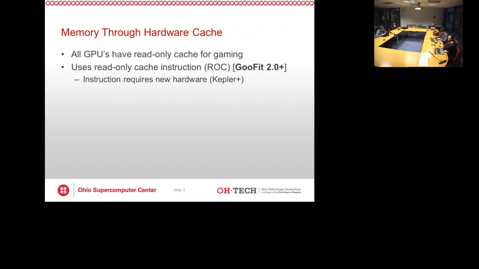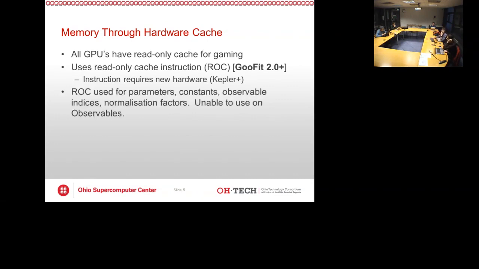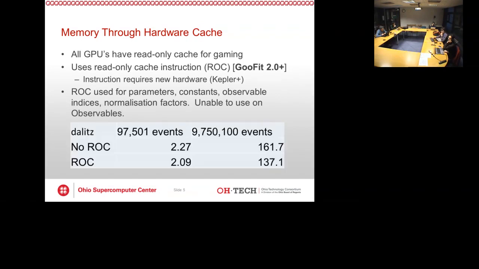In this read-only cache, we use it for a variety of different things, but we can't use it for observables. It only works on global values. Whenever you're fetching memory from global memory is when you can use this read-only cache. Adding this feature, I was able to get a 20% improvement on this Dalitz example, and it worked for both a small amount of events and a large amount of events.